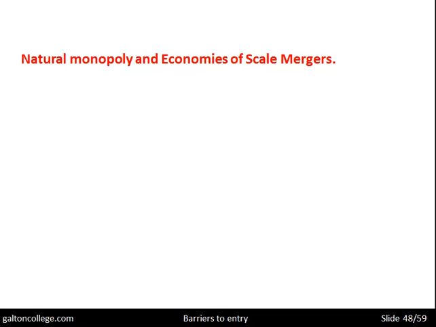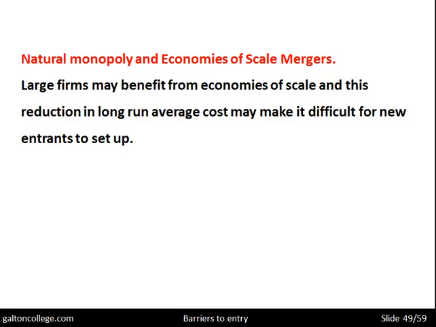There are also natural monopolies and economies of scale mergers. Large firms may benefit from economies of scale, and this reduces the long-run average cost. It may make it difficult for new entrants to set up because of that. So when companies start, they normally start quite small, but as they grow, they're able to benefit from the division of labour, specialisation within the plant. But eventually they start to get bigger and bigger, and they're able to get specialist machinery, specially built for them, which is even more productive.